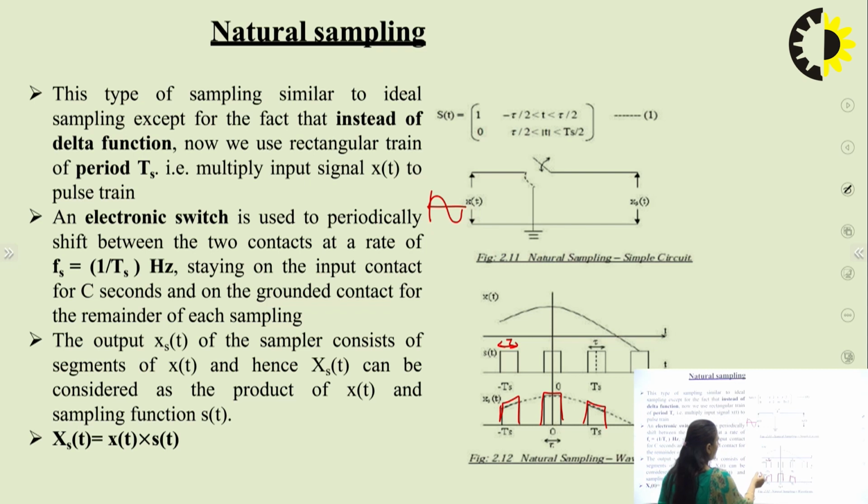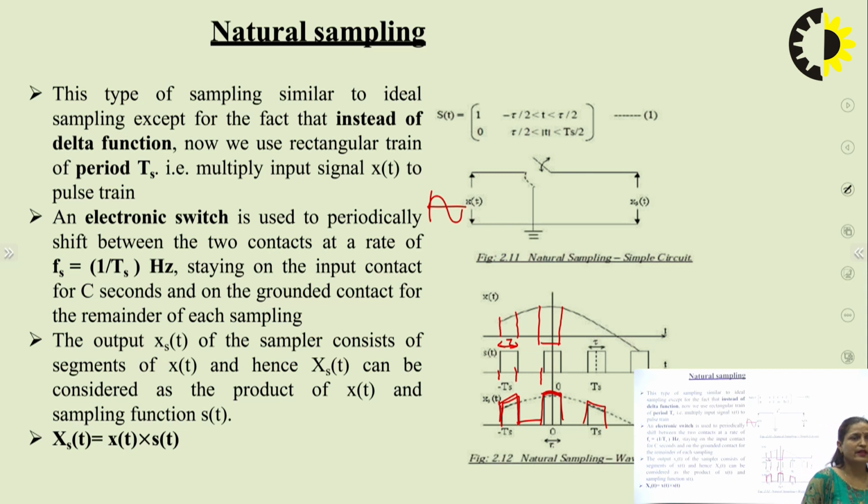So for this time interval, the switch is on, so this signal will directly come at the output with the same shape. For this time duration, your switch is open and the output is 0. Again the switch is on for this time duration, so this signal will come at your output with the same shape. In this way, you get the natural sample.